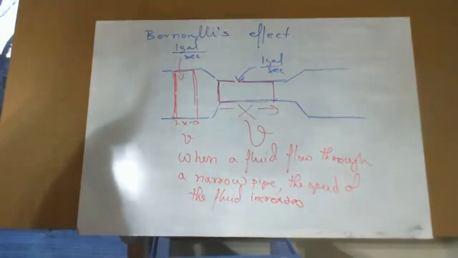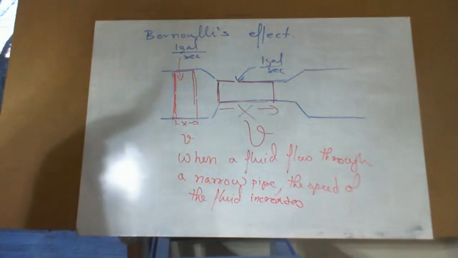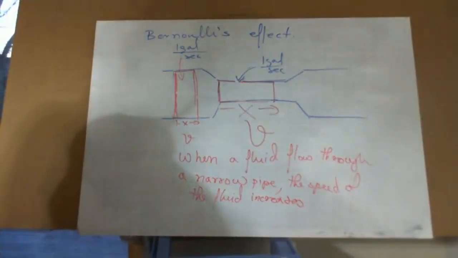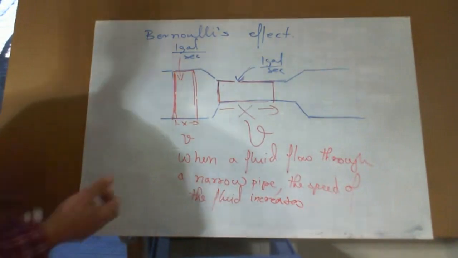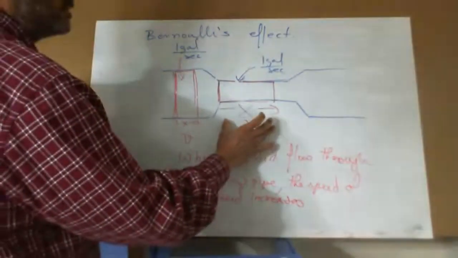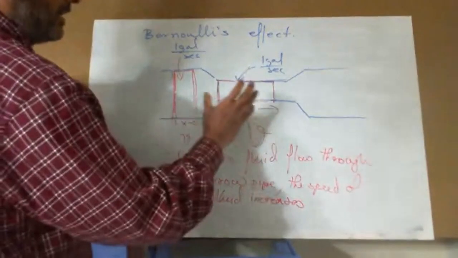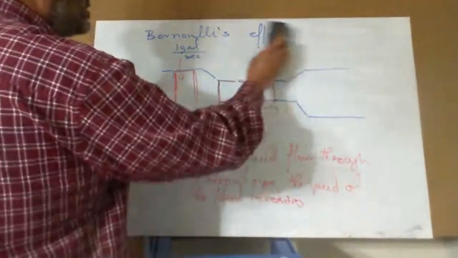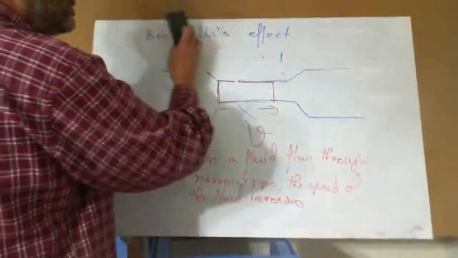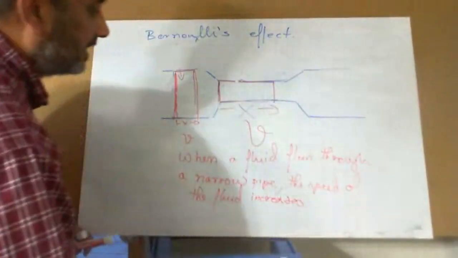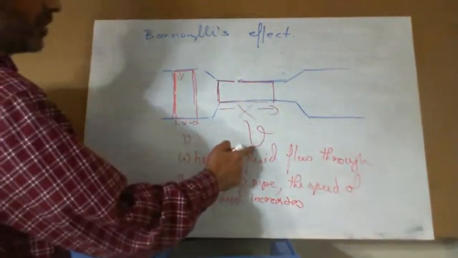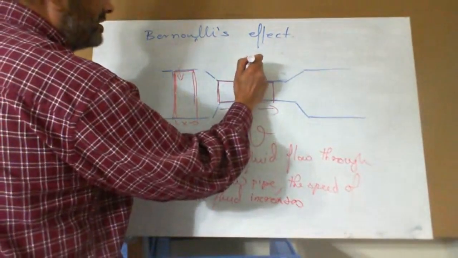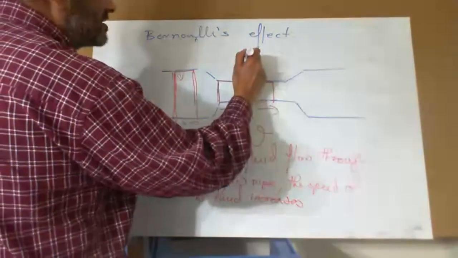So the fluid begins to flow faster. All right, so what does that mean? That means according to Bernoulli, if the fluid goes faster, if the velocity increases, the pressure here, and I'll explain why, the pressure here is less.